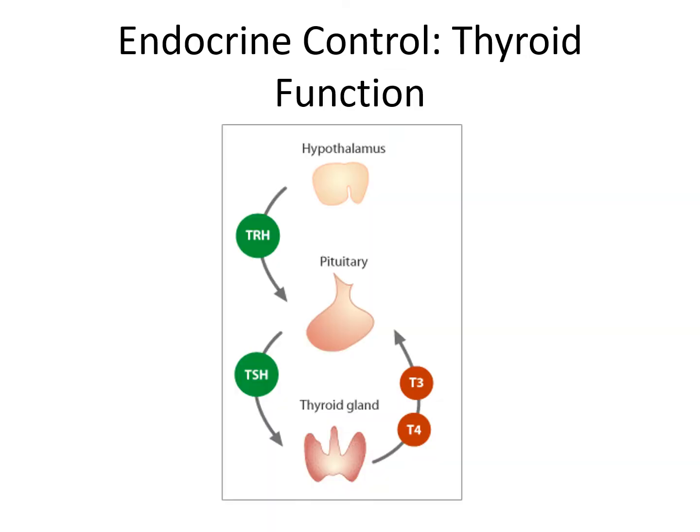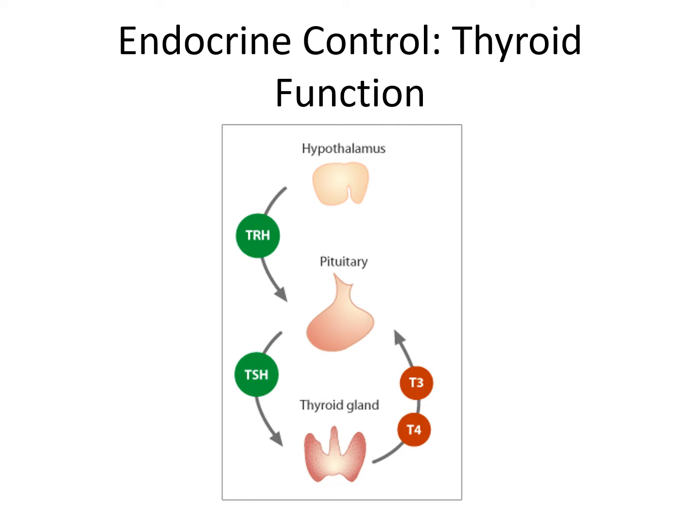Okay, in this slide, we can see the control and production of T3 and T4, and we can say that it works by a negative feedback mechanism. When the level of T3 and T4 is low in the blood, it will send a signal to the pituitary gland, and the pituitary gland will be stimulated to produce TSH.